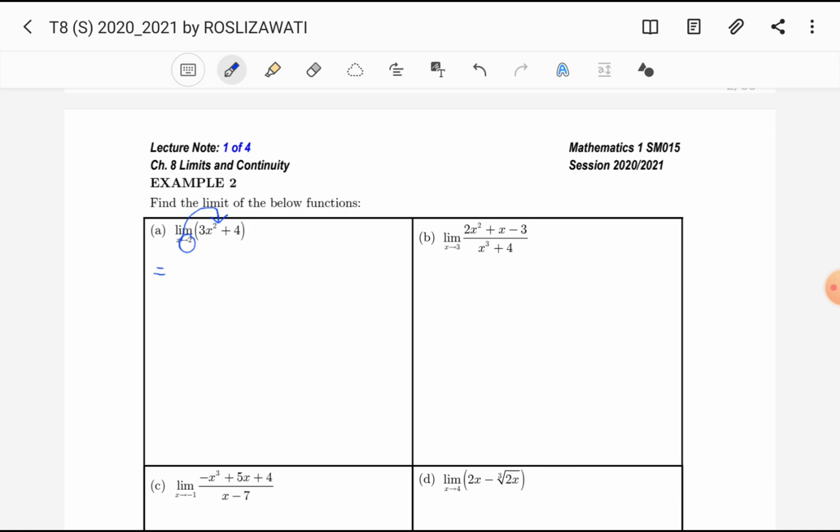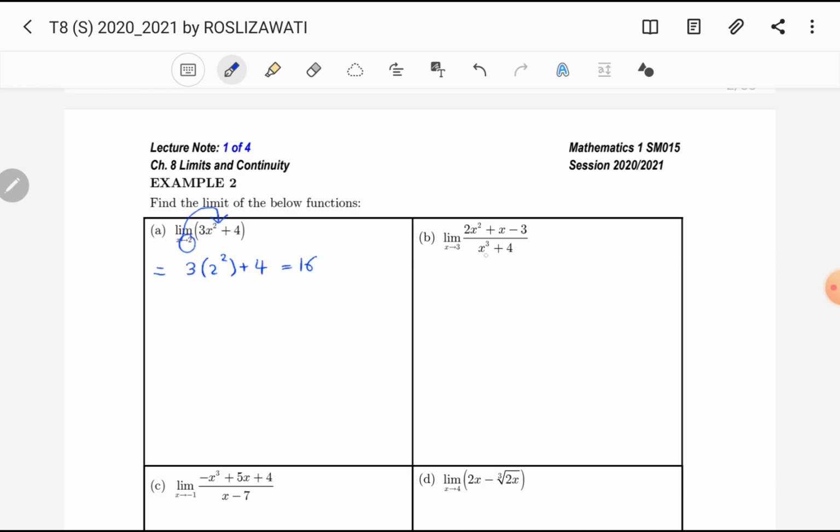Okay, bila tak perlu tulis lim, limit tu, bila kita ganti nombor ke dalam. Okay, so we have 3 times 2 squared plus 4. Okay, tak ada dah perkataan lim tu, tak ada dah. Sebab saya dah ganti 2 ke dalam. Okay, so I will get equal to 16.